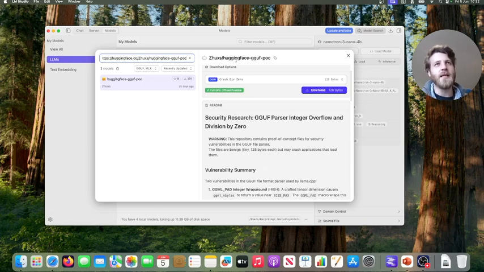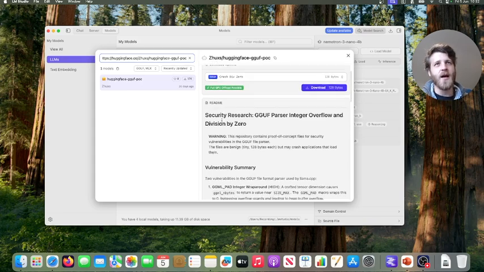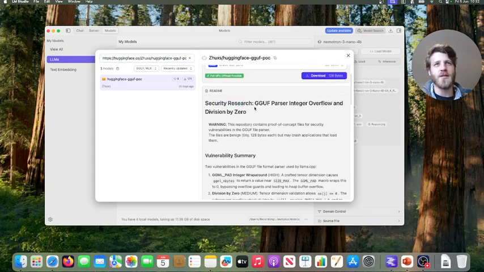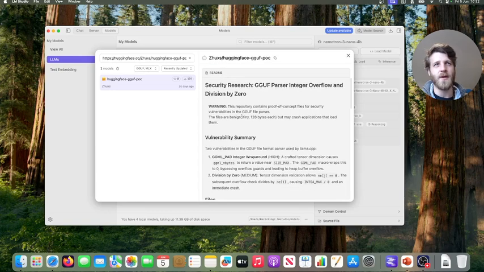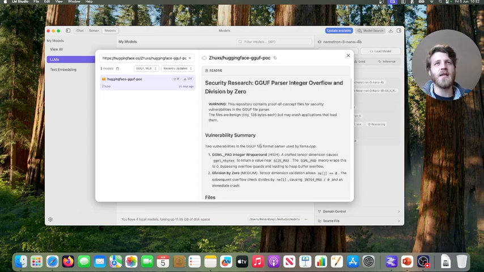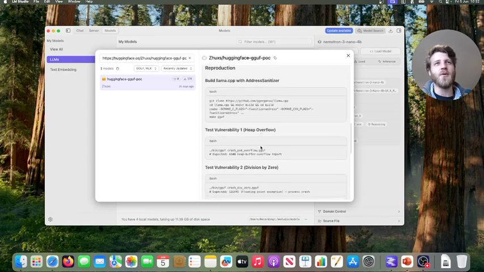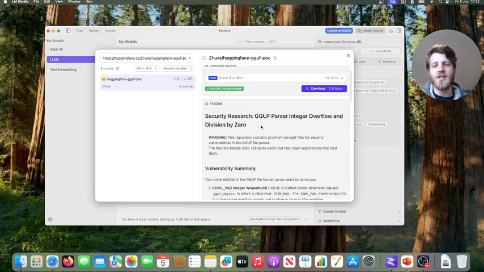But as we can see here, Zed Hughes has got some security research, which is a GGUF parser integer overflow and division by zero. Essentially, without getting into it too much, running this GGUF file could crash or corrupt a system or a machine.